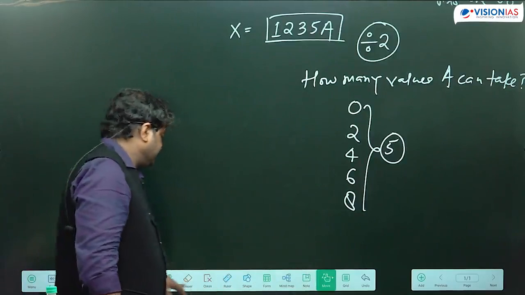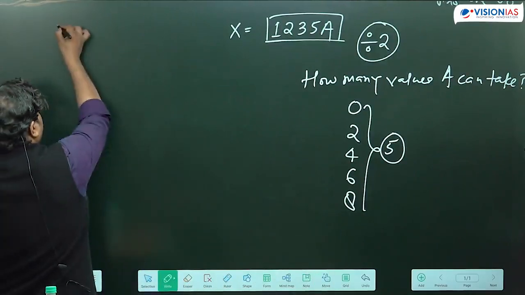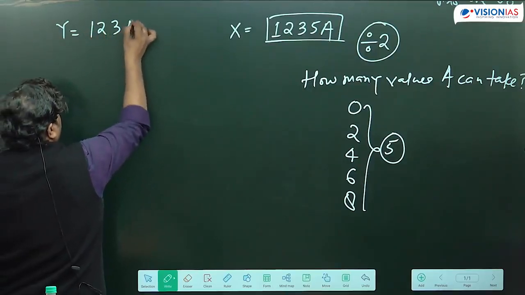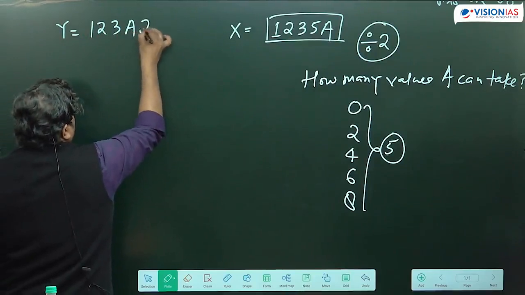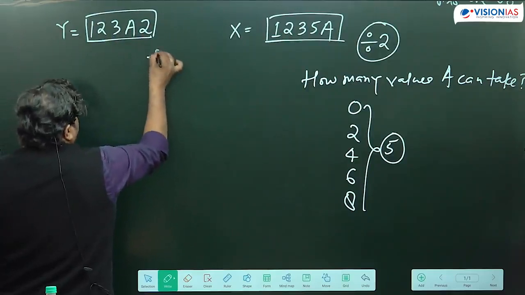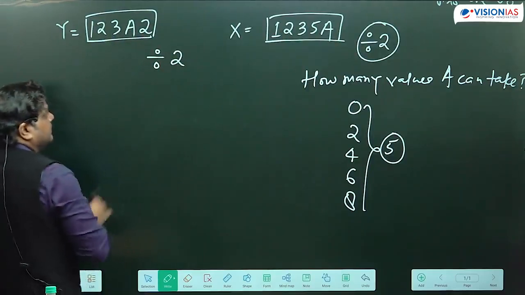If I write another example, 1, 2, 3, a, 2. This number is completely divisible by 2.